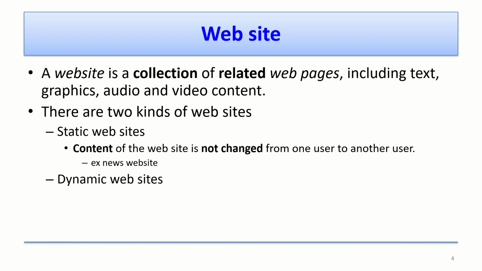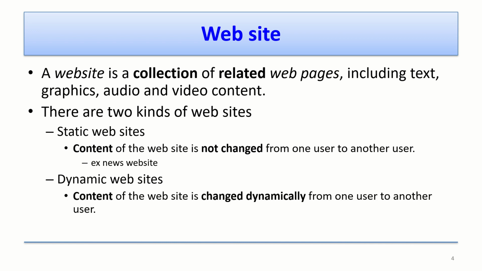That means the content is the same for all the users. On the other hand, there is another kind called a dynamic website. The content of a dynamic website changes dynamically from one user to another user. For example, email: the email accounts of two users are totally different from one another.